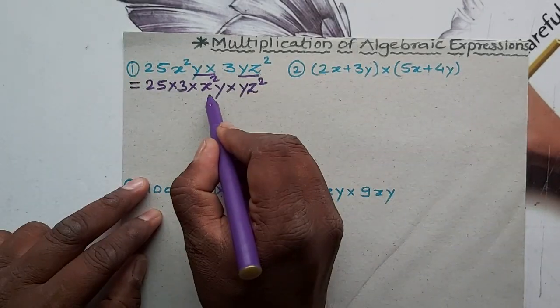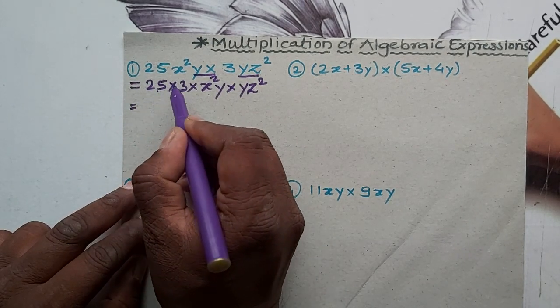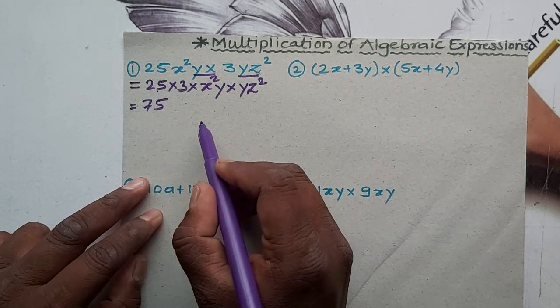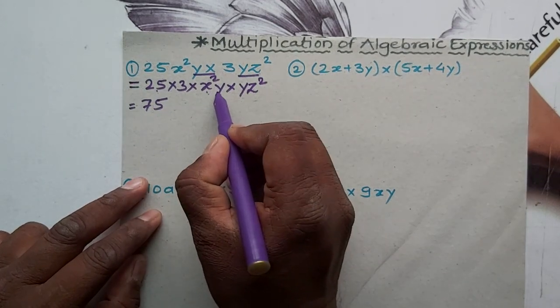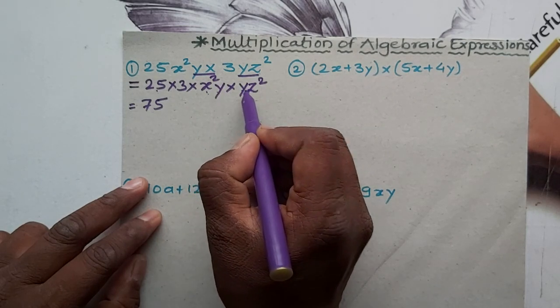This we have to take here. Okay, now 25 3s are 75. Now students, here x square y and y z square.